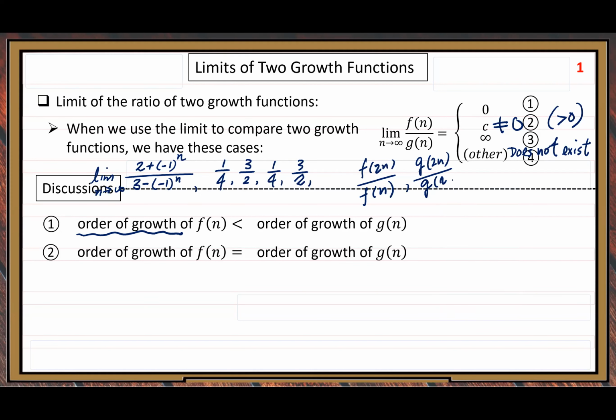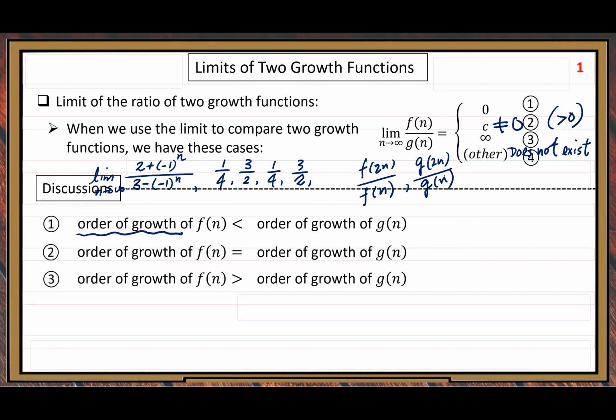We compare these 2 ratios. The constant C is gone. So we treat case 2 as the same order of growth.